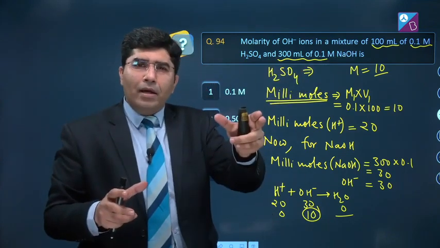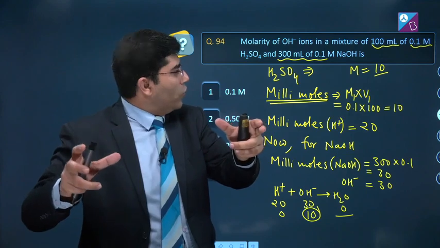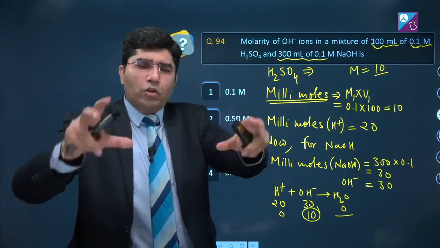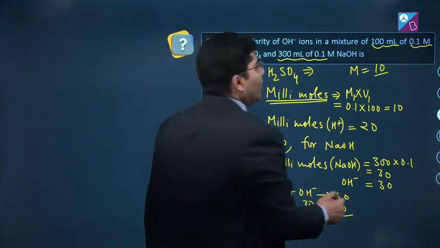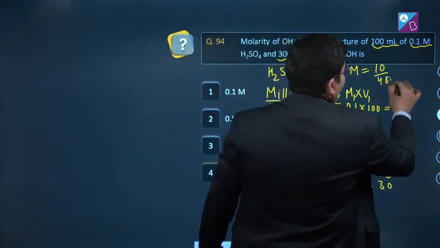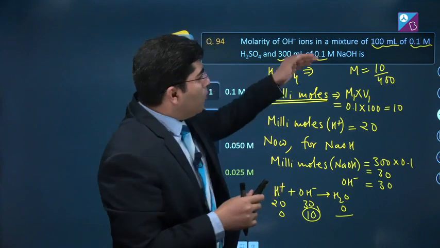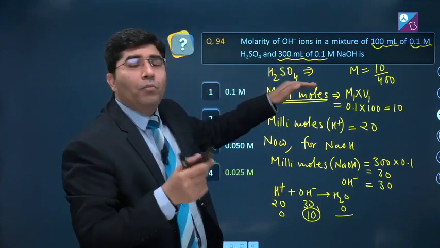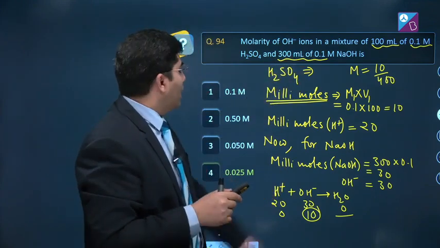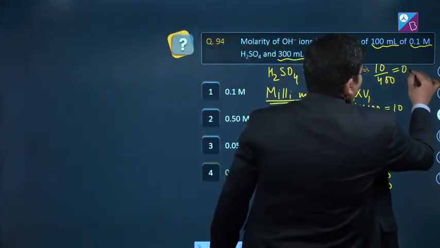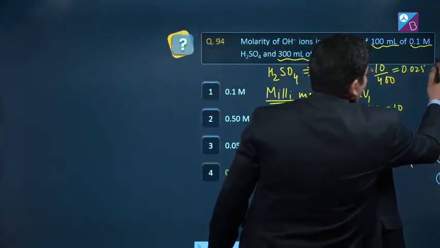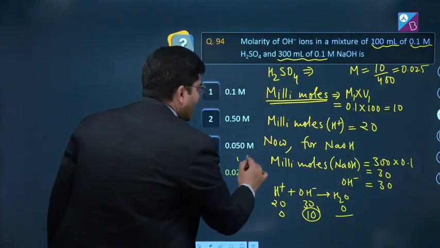You took 100 ml of H2SO4 and 300 ml of NaOH, mixed both, and it became 400 ml. So I will write here 400 ml. Millimoles divided by volume in milliliters will give me the molarity, and that will be equal to 0.025, and this is the answer.